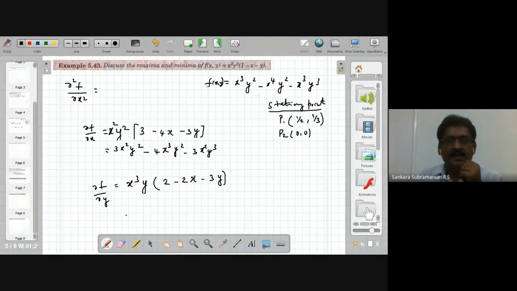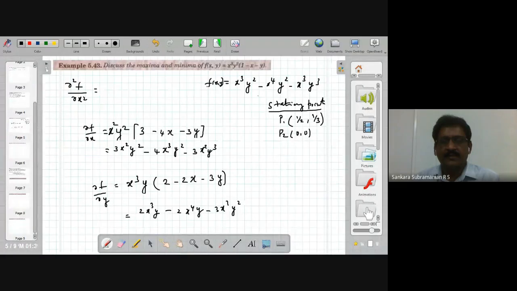And here also I can write this as 2x cube y minus 2x to the power 4 y minus 3x cube y square.